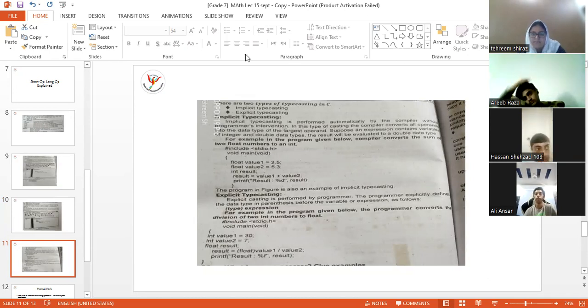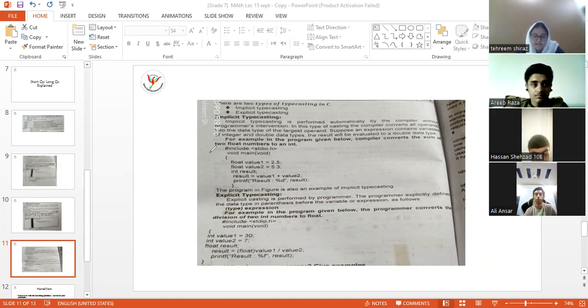I will explain this example as well. Explicit typecasting example. For example, in the program given below, the programmer converts the division of two numbers into float. As I have told you, the programmer will convert the division of the program's integer values into float.